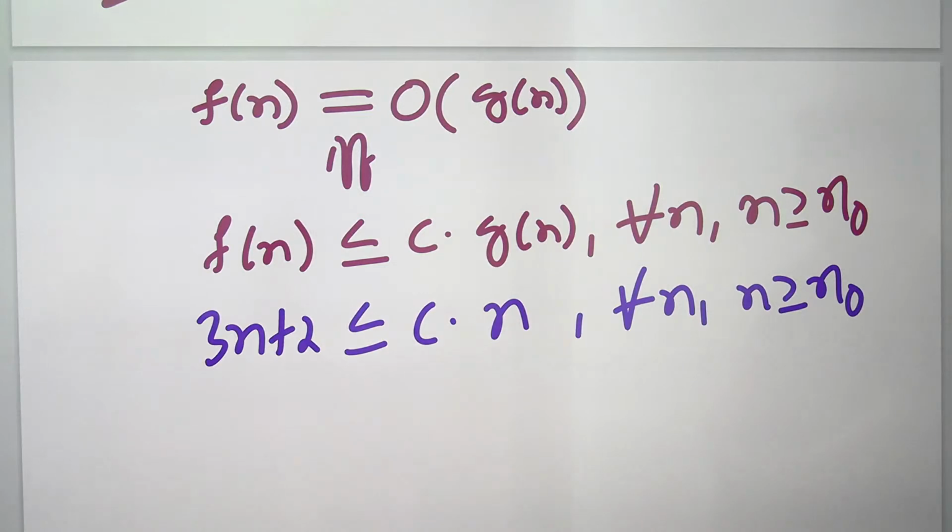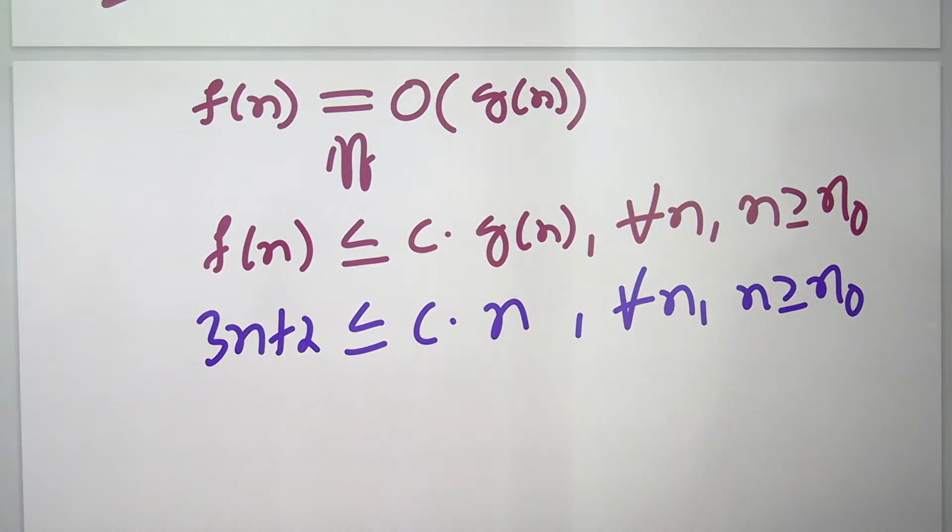If you want to say f of n is big O of g of n, if and only if f of n is less than or equal to some c into g of n, means 3n plus 2 less than or equal to some c into n, you have to satisfy. So, to be frank, left is bigger, but to satisfy big O, you have to prove right should be bigger or equal.